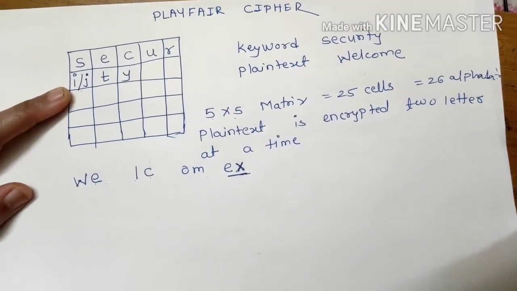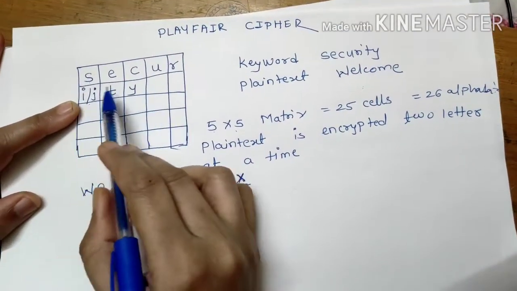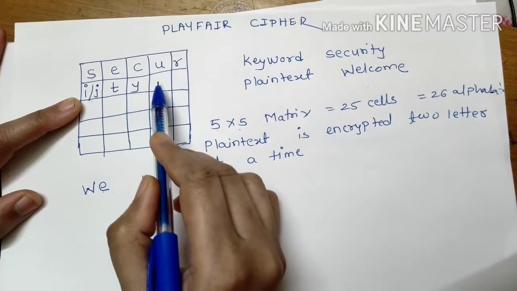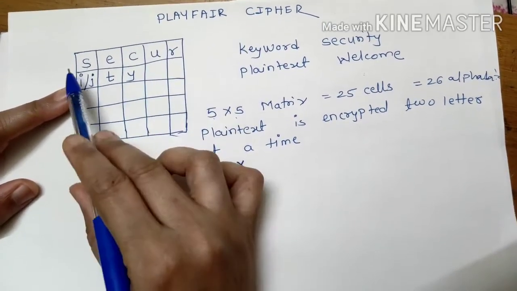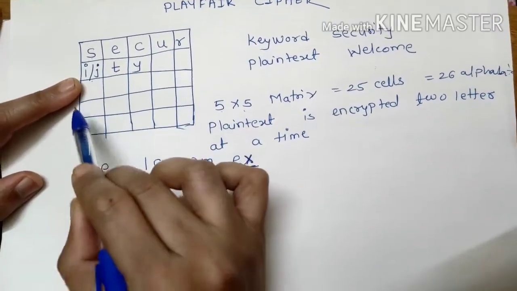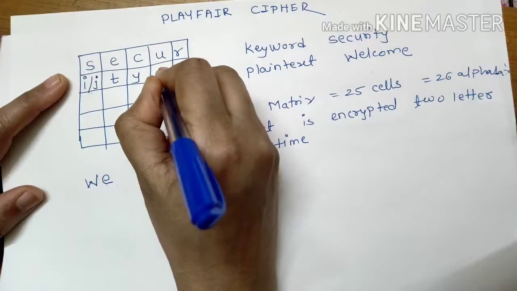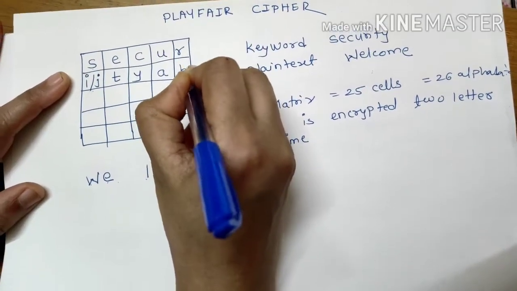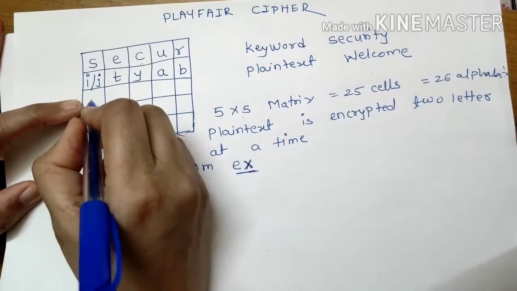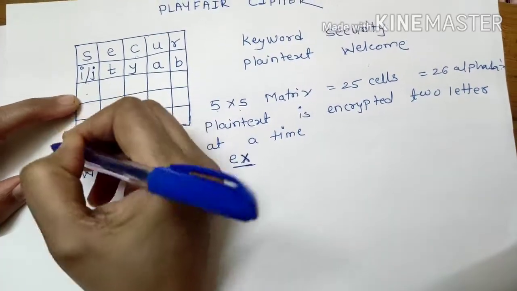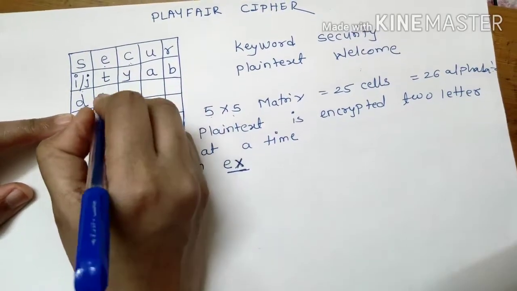Now after finishing the keyword, you have to start with the alphabets from A to Z. The remaining alphabets you have to write in the remaining cells. So we will start with A, then B, C. Already we have written C, so we will not write it again. Then we move further, that is D. E is also there.